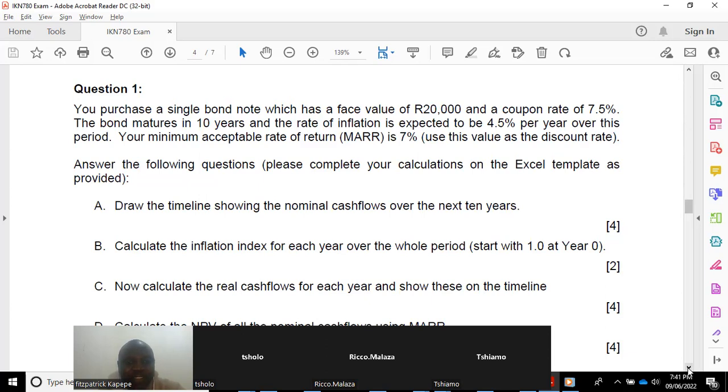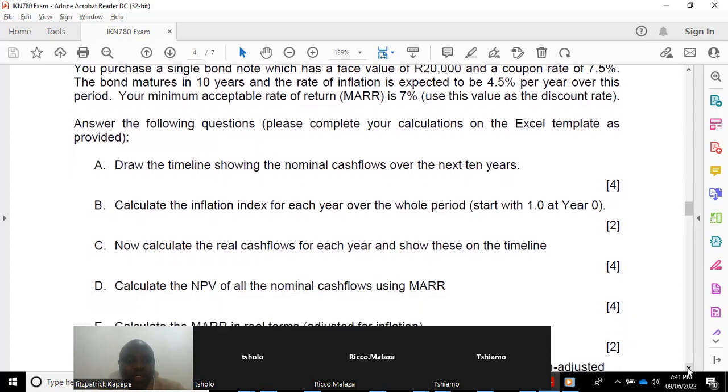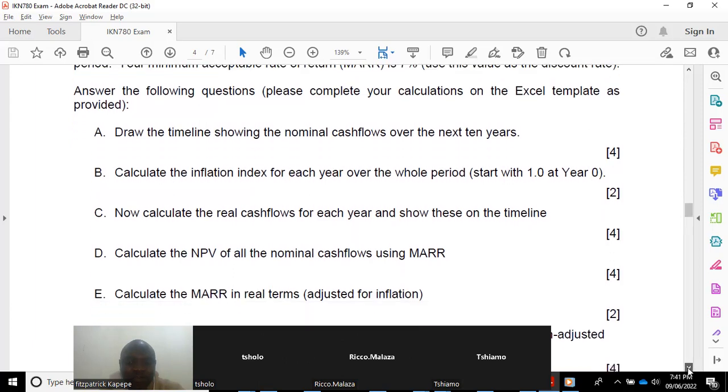Draw the timeline showing the nominal cash flows over the 10 years. Calculate the inflation index for each year over the period. Start with 1.0 at year 0. Then calculate the real cash flows for each year and show these on the timeline.